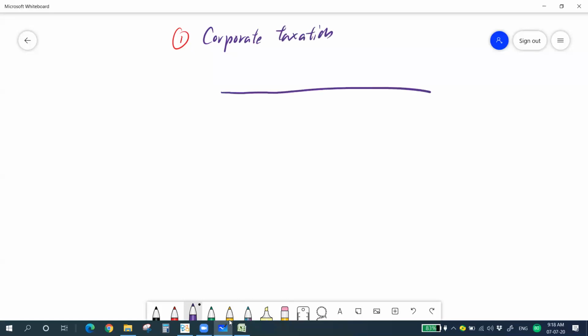So the first one we do is corporate taxation. For your corporate taxation, we have the tax payable account.